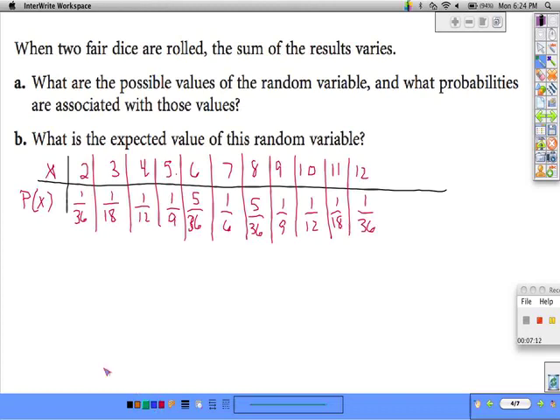To find the expected value of rolling 2 dice over a long period of time, what we do is we take each value, the first one being 2, times its corresponding probability. And we add all of these things up.